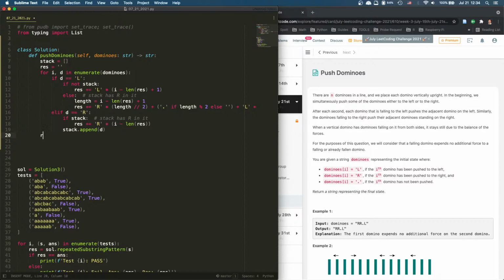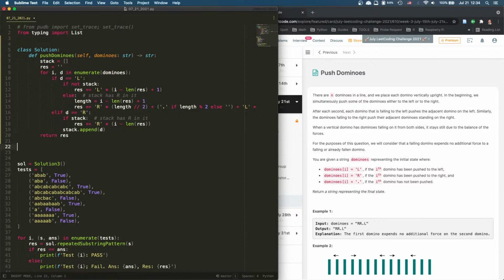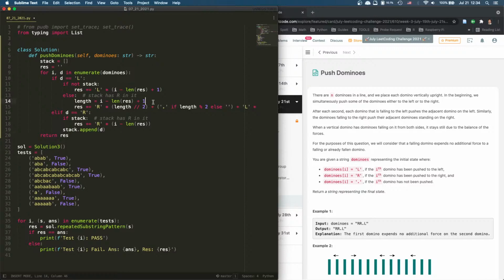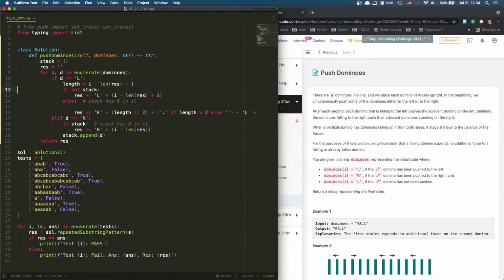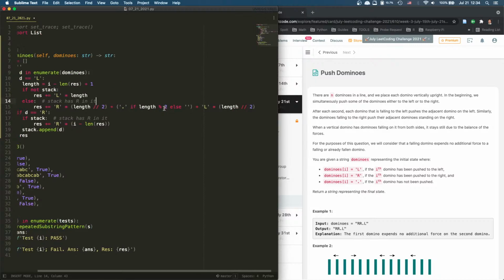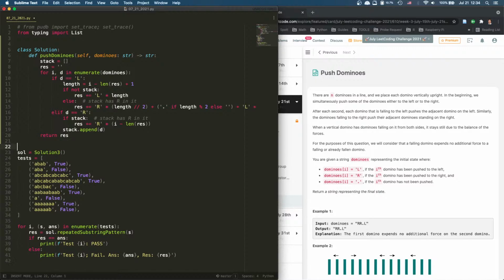So once they're done, we're gonna return rest. Okay, so I can do this one higher up. If this, then we can say length equals this, and times the length, right? And then else, we're going to do length divided by 2, and this, and this. Okay, let's try it.